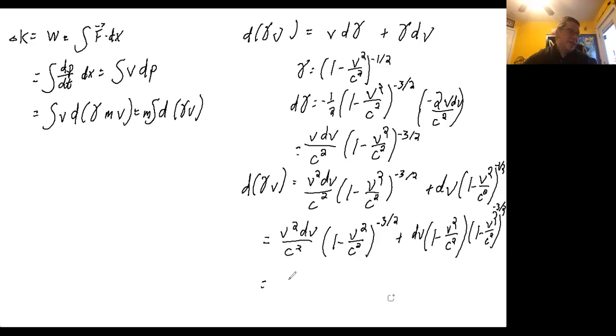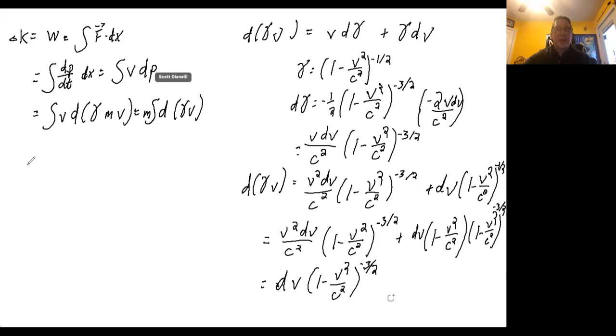So you have dv times 1 minus v squared over c squared to the negative 3/2. All right, so that's your differential.